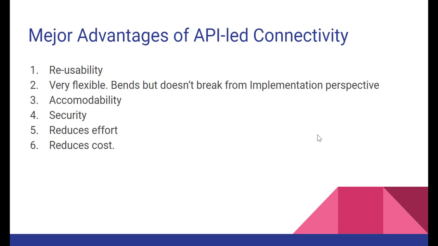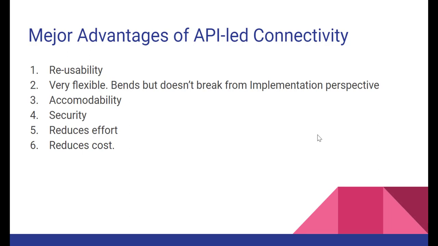But in the general way of implementation, suppose you have developed some Java application, and the legacy systems are tightly coupled with your Java code, and there is some change in the underlying system. Suppose there was a MySQL database, and later they have replaced the database with an Oracle database.